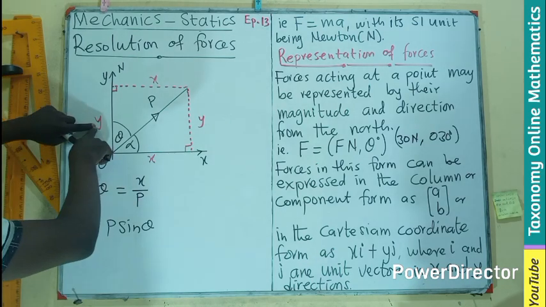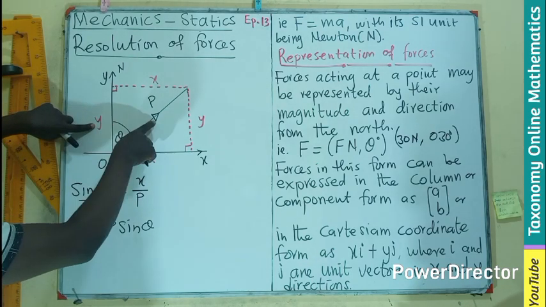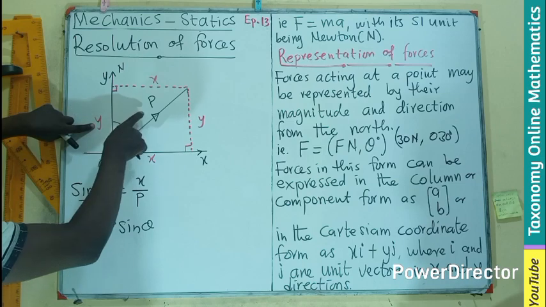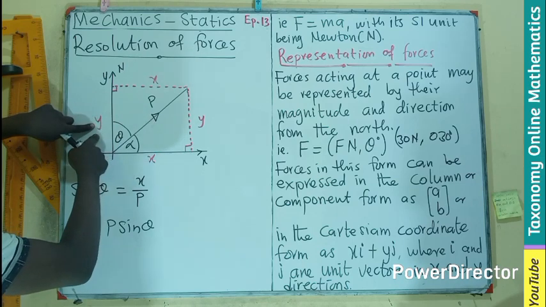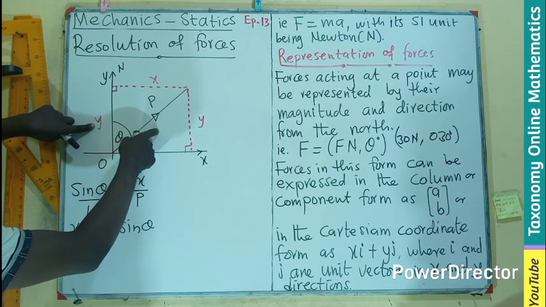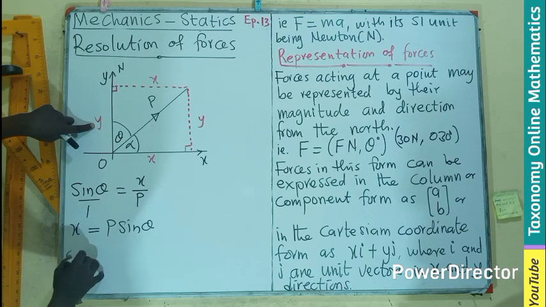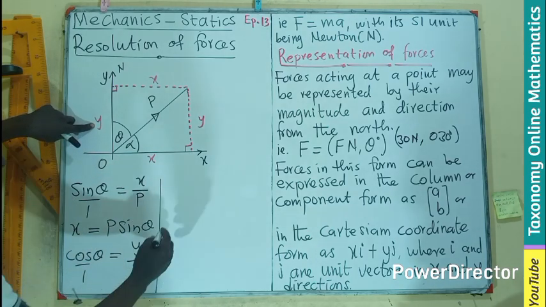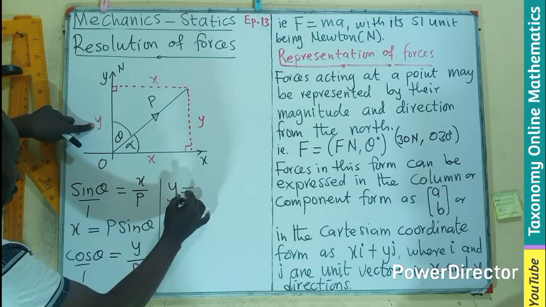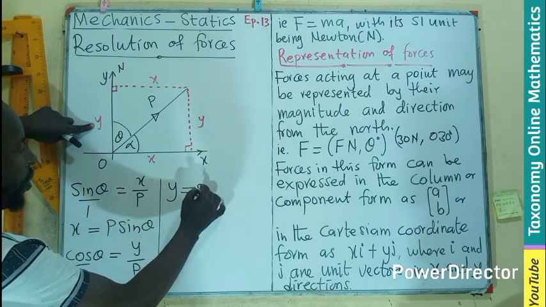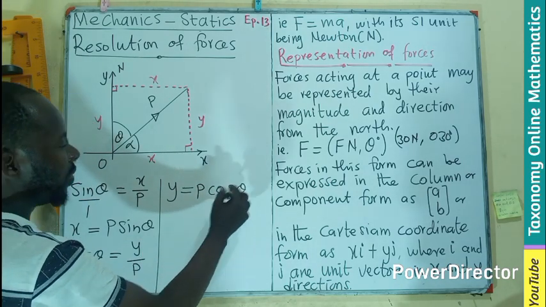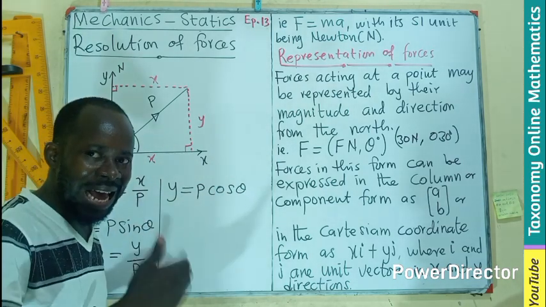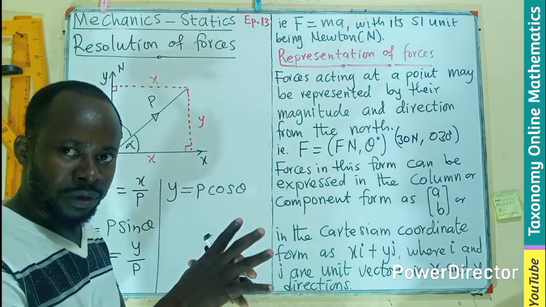Then if I want the y in connection with P, it is the adjacent side, which gives the cos of the angle theta equals the adjacent side over the hypotenuse. When you cross multiply, you have y equals P cos theta.